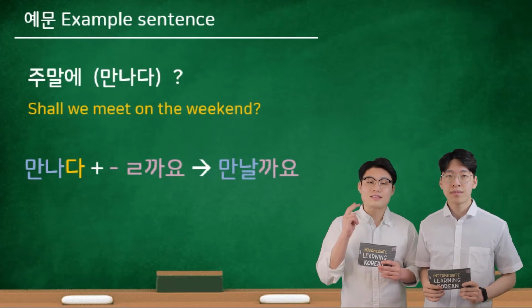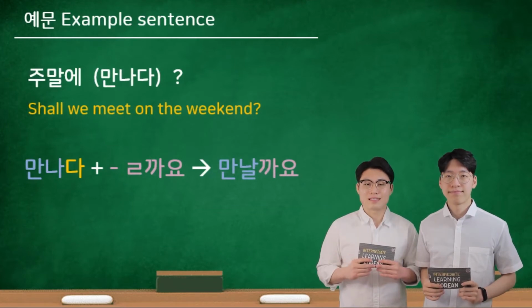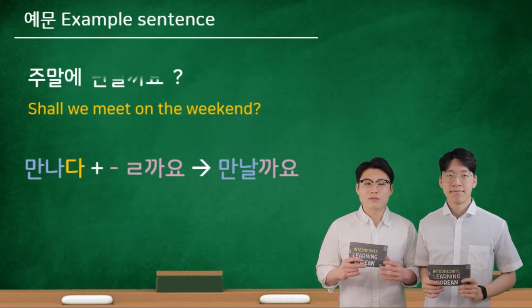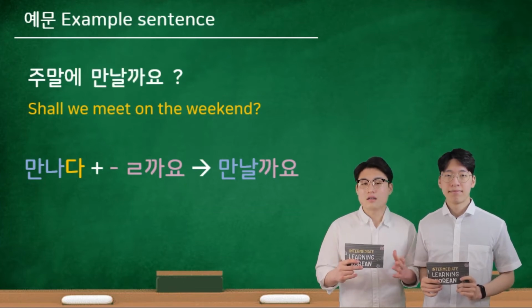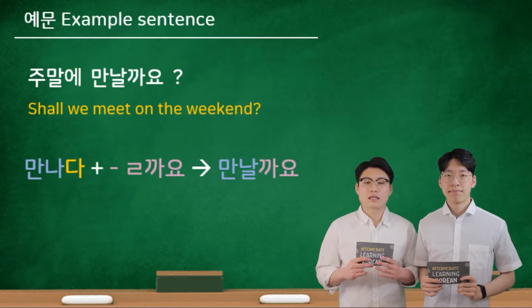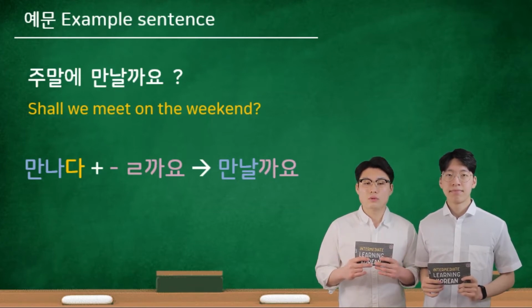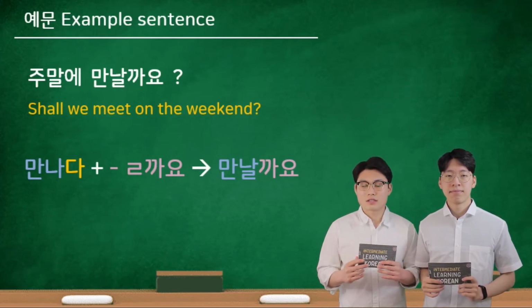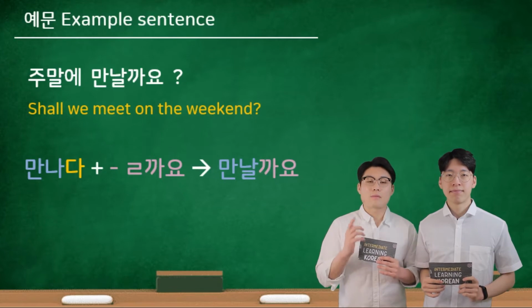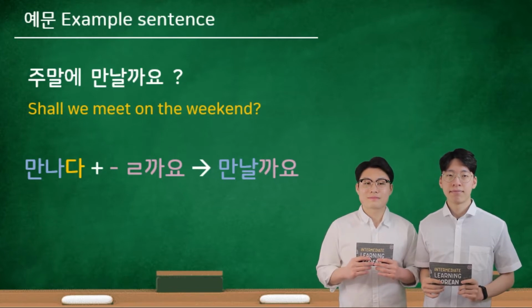This is the second example sentence. 주말에 만나다. When we remove the 다 from the verb 만나다, we can use 리을까요 because it has no final consonant. So it becomes 만날까요.